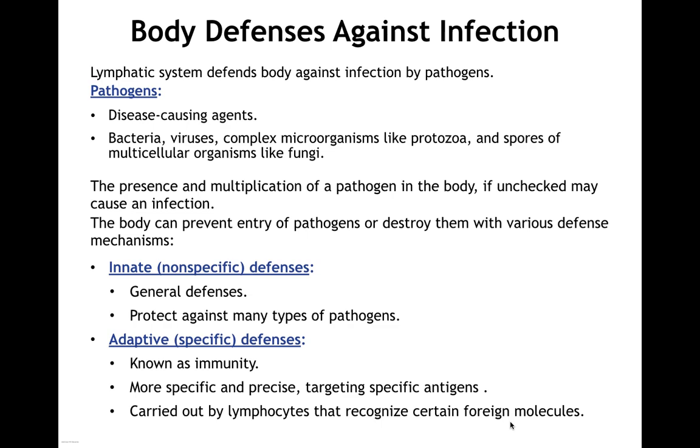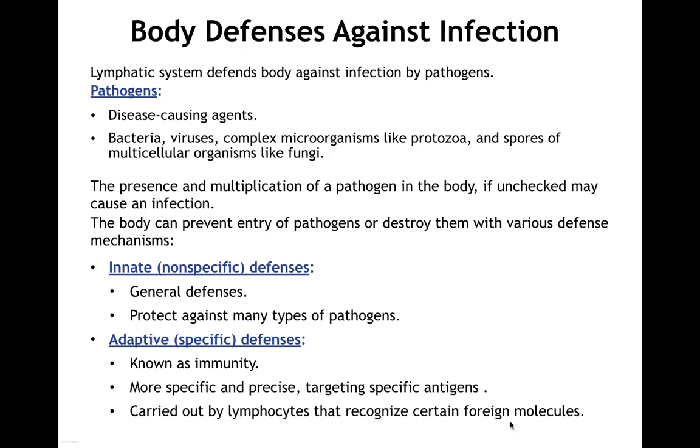The adaptive defenses are known as immunity. The two defense systems kind of get interchanged a lot, especially these days with lots of public discussions around immunity and defense against disease. But in general, the adaptive defenses are much more specific. They are very precise. They specifically target antigens.